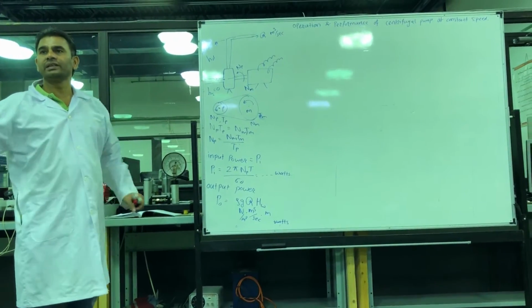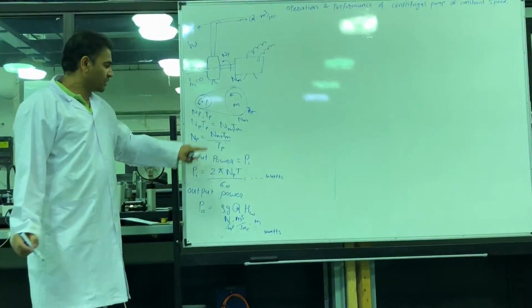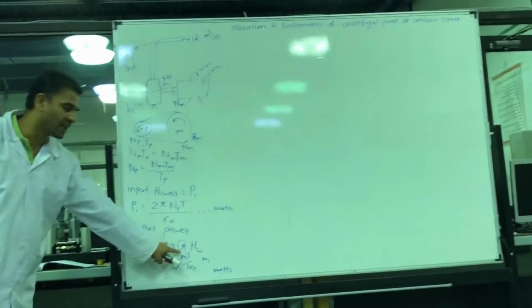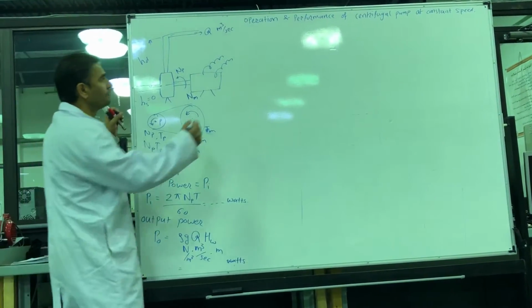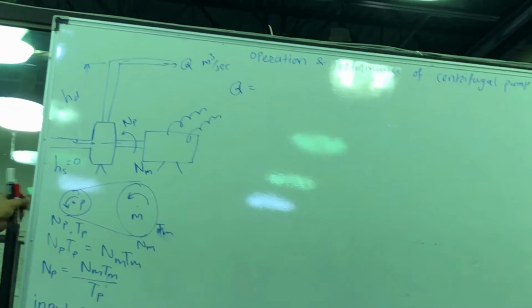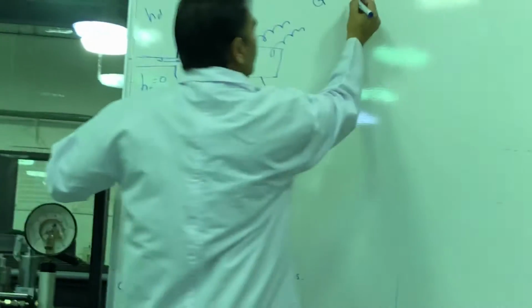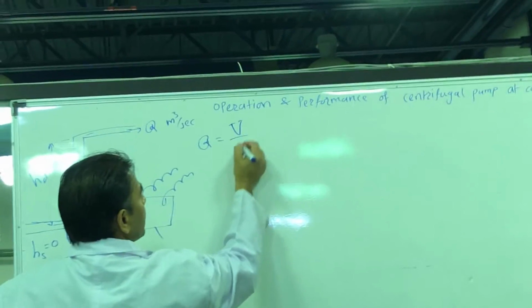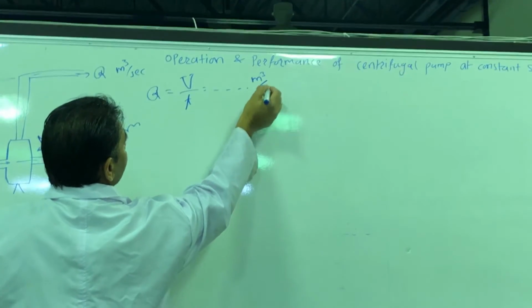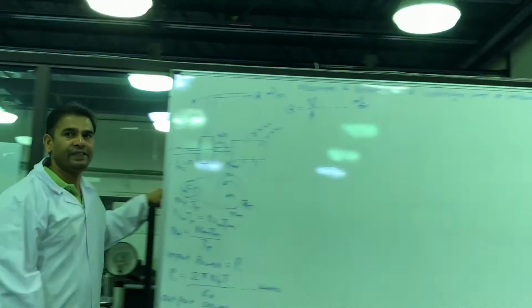Now what is the next objective? The next objective is we need to find input and output power. Then we need to have discharge Q. How can we find Q? Measure the time for a 10 liter volume, and it is in meter cube per second. Then efficiency.